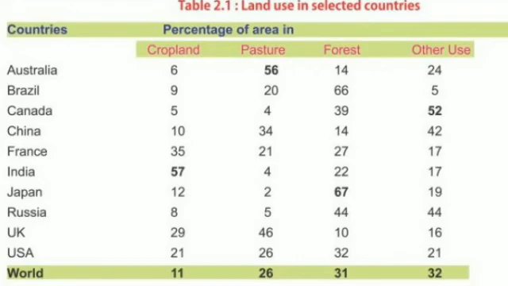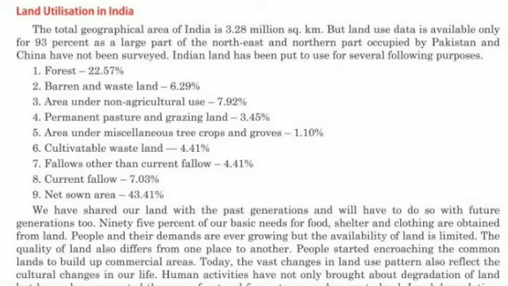Its cropland is 6%, its pasture land is 56%, the forest land is 14%, and the other use is 24%. In India, the cropland is 57%, pasture land is 4%, forest 22%, and other use 17%.